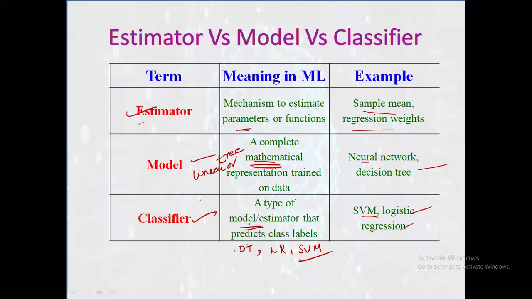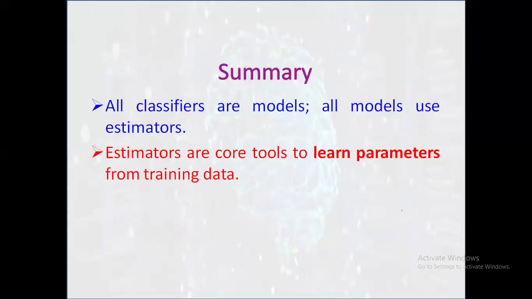So to summarize, all classifiers are models that use estimators to learn parameters. Estimators are the core building blocks that help train machine learning models from the data.